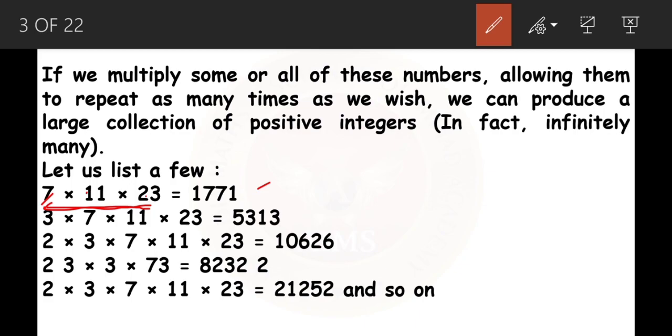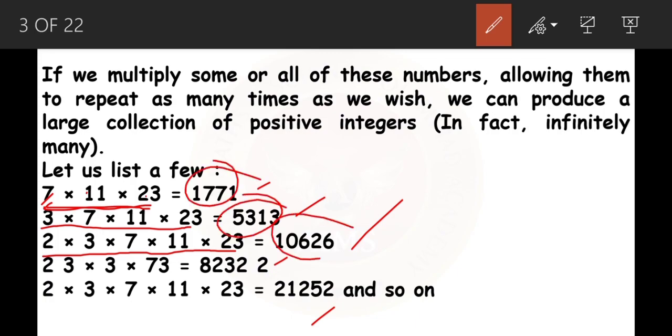If I multiply 3, 7, 11, 23, then 5313. If I multiply 2, 3, 7, 11, 23, then 10,626. In the same way, if I multiply different prime numbers, I get a natural number.